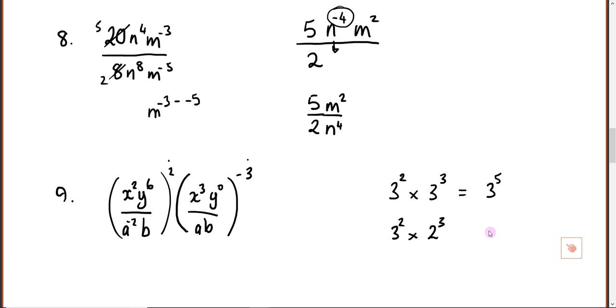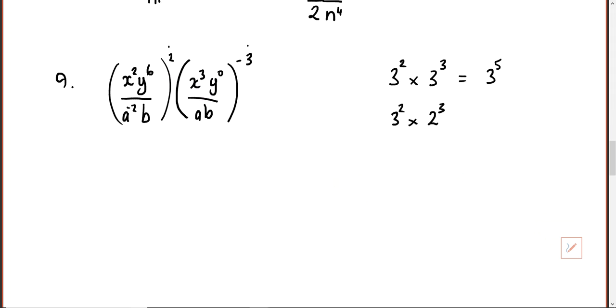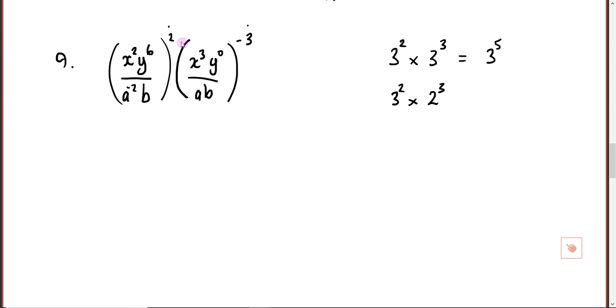So what we need to do, first step, is apply the powers to each bracket first, which is x to the power of 4, because we multiply, y to the power of 12, a to the power of -4, b to the power of 2.